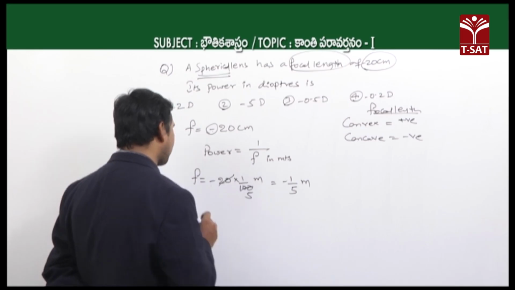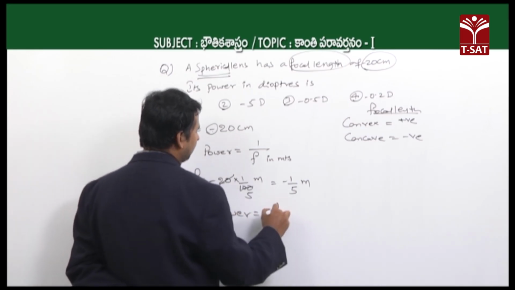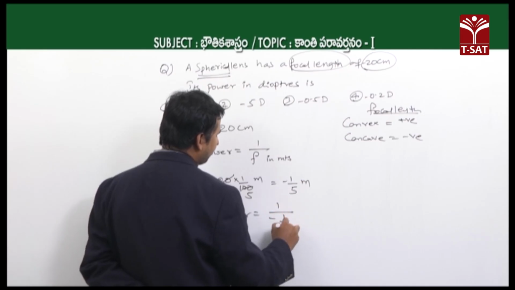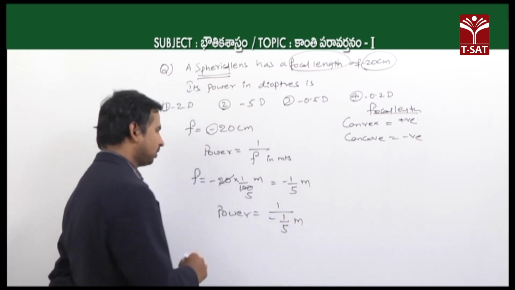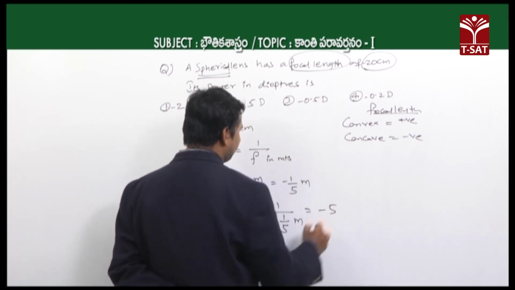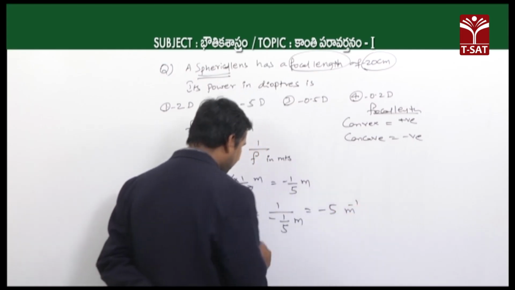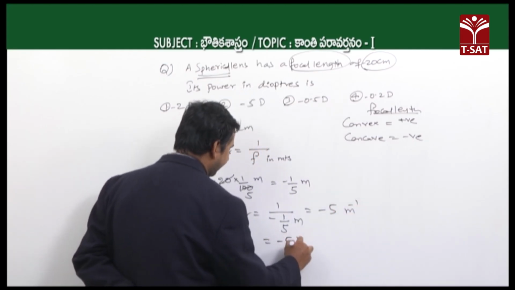Then if you substitute the value in the power, power is equal to 1 by minus 1 by 5 meters. Then that 5 comes to the numerator, with a minus, and we have meter inverse. That meter inverse only we call diopter.